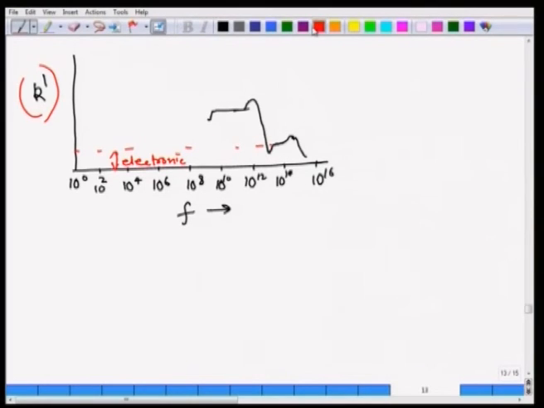This region up to here is the next, which is ionic polarization. So up to this frequency, both electronic and ionic polarizations contribute to K prime.